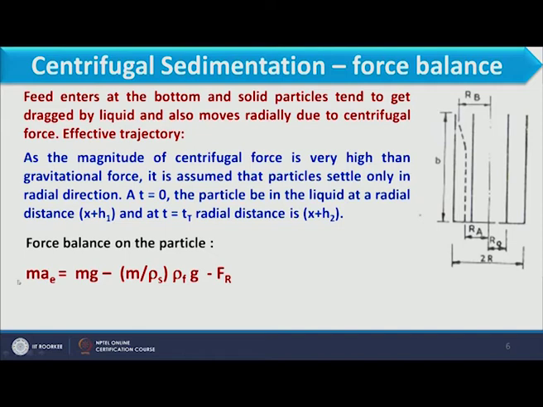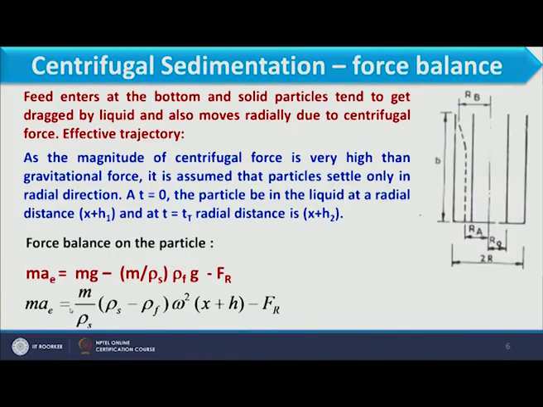Now this equation is valid when gravity forces act. In this case, as centrifugal forces dominate, we replace the g value with omega square x. So m a would be equal to m by rho s times (rho s minus rho f) omega square (x plus h) minus Fr, where x plus h is the distance at which the particle is available in the solution.